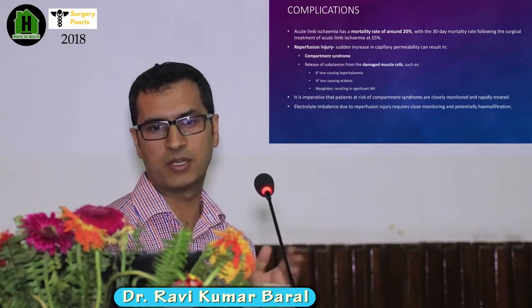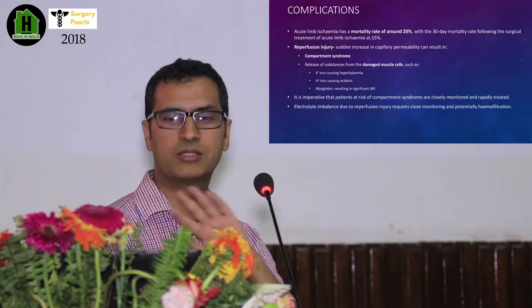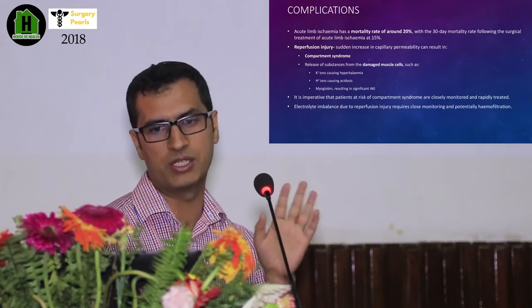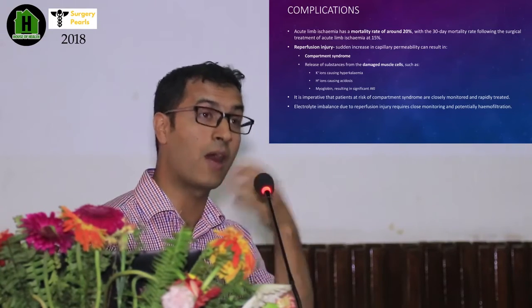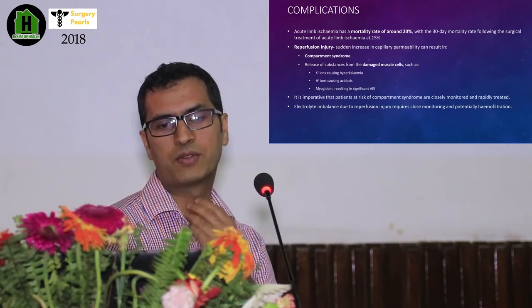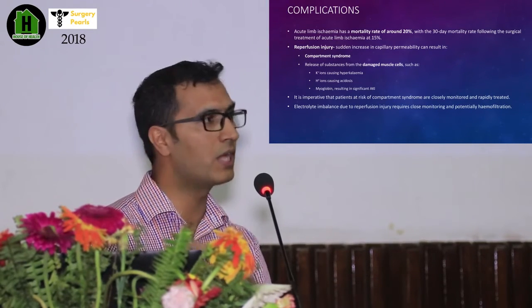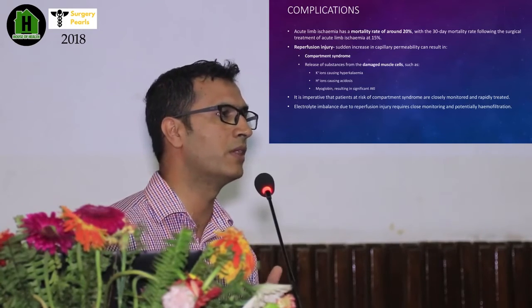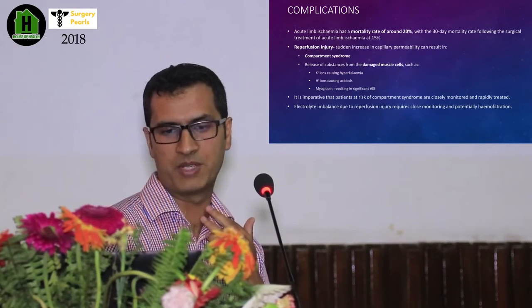So complications of acute limb ischemia that we have already come across is reperfusion injury: the sudden increase in capillary permeability after reperfusion of the ischemic limb and release of potassium ions, hydrogen ions, myoglobin and other toxins. They cause acute kidney injury and might cost the life of the patient.